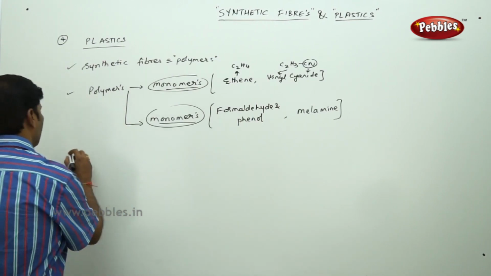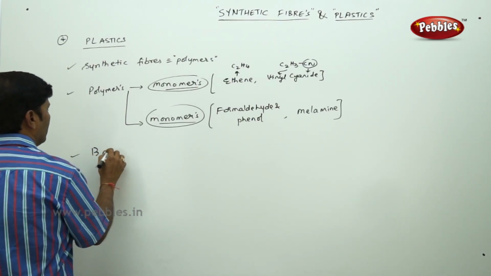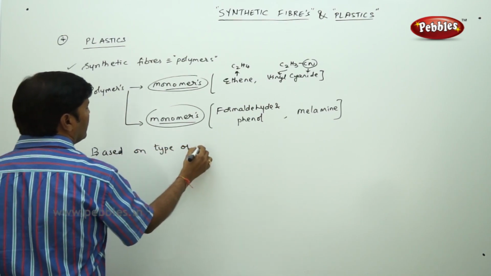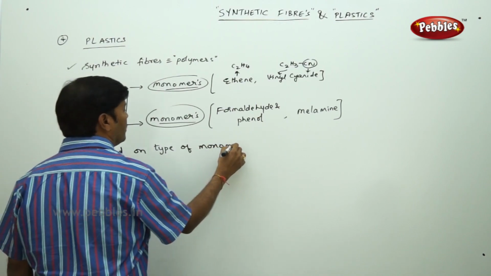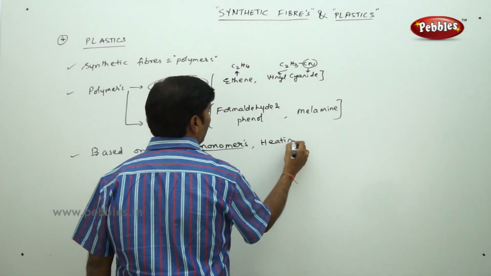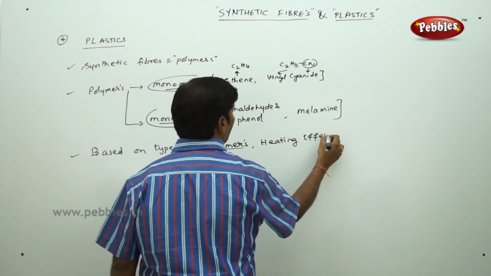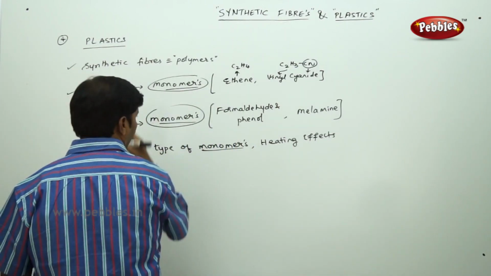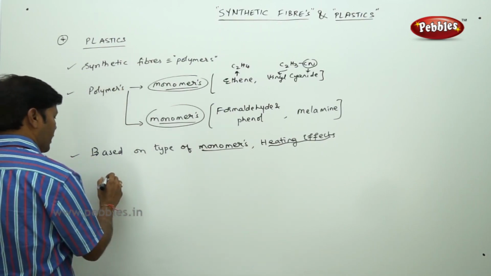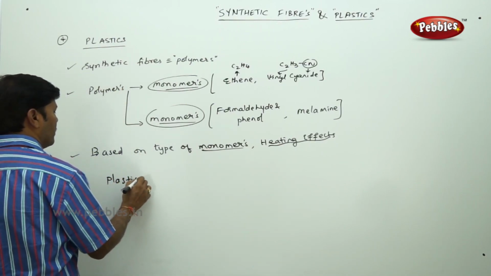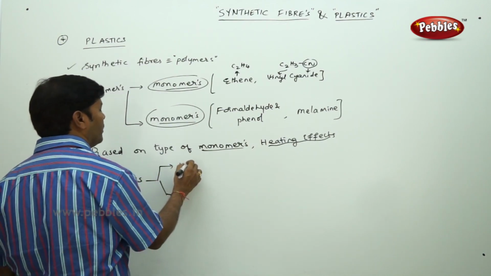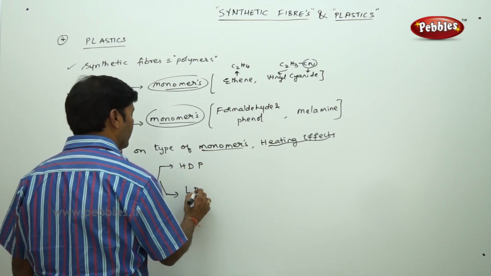Based on the types of monomers and the heating effect, these plastics can be classified into two types: HDP and LDP.